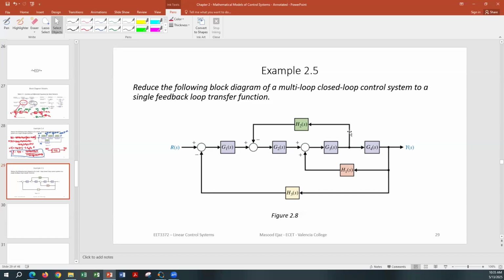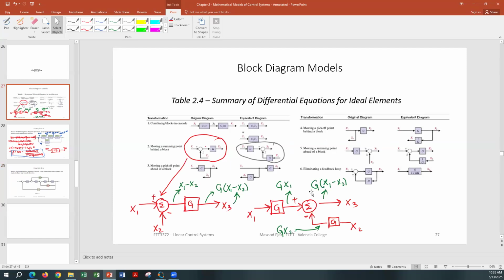So first, we're going to move this point behind G4. If we look at what exactly we are doing, we have a pick-off point, and we are moving it behind a block. Then we have to multiply by 1 over G in the feedback block.